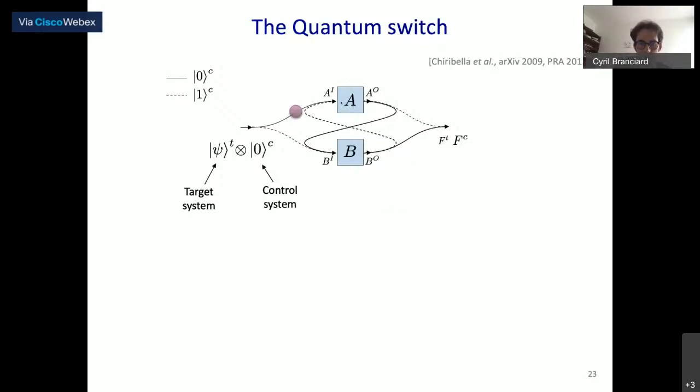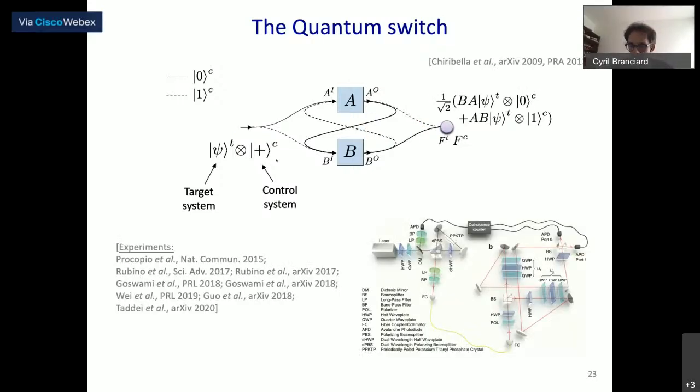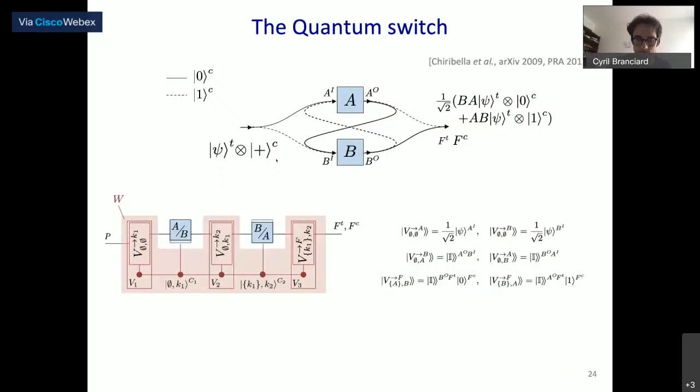We have a particle that goes through the circuit depending on the value of the control qubit. It goes to A or B first, or in a superposition. Just a few words to say that it has been realized experimentally in quite a few experiments now. So how does it fit in our description?